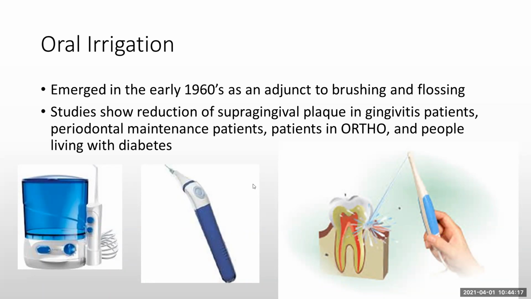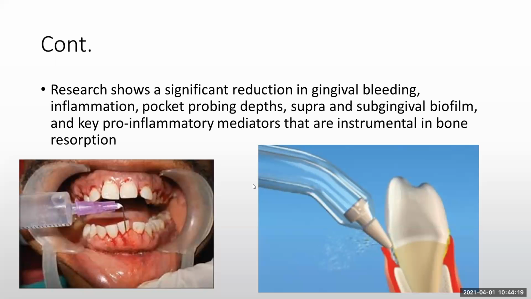And there are all sorts of oral irrigators out there, and shower flossers as well. Research shows a significant reduction in gingival bleeding, inflammation, probing pocket depths, both supra and subgingival biofilm, as well as inflammatory mediators that are instrumental in bone resorption.